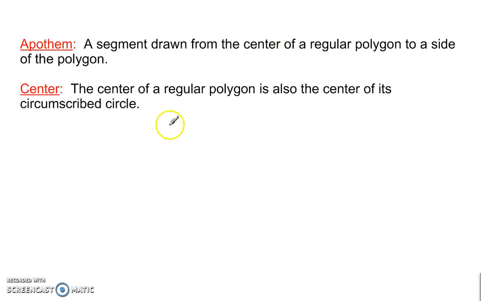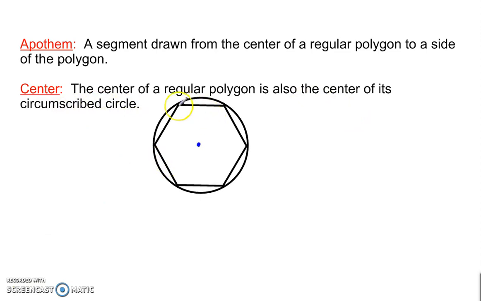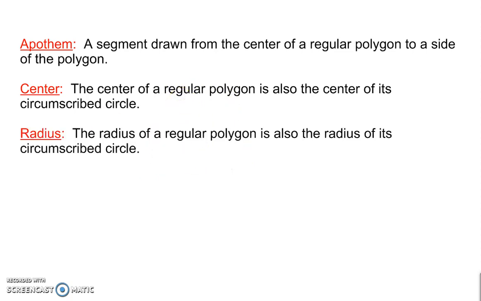The center of a regular polygon is also the center of its circumscribed circle. So this is what that means. We have our regular polygon, circumscribed circle. The center of that circle is also the center of the regular polygon. The radius of a regular polygon is also the radius of its circumscribed circle.